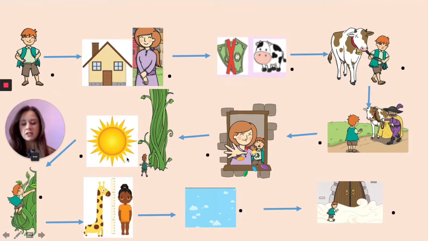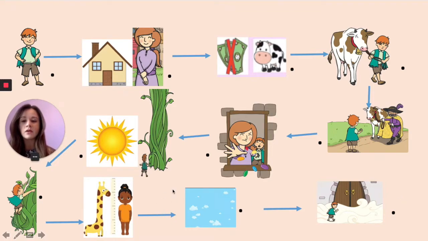The next morning, Jack woke up and saw a gigantic beanstalk growing in his garden. Jack decided to climb the beanstalk. The beanstalk was so tall that it went up into the sky and the clouds. When Jack got to the top of the beanstalk, he found a giant castle.